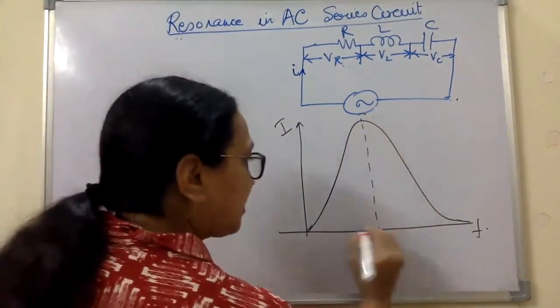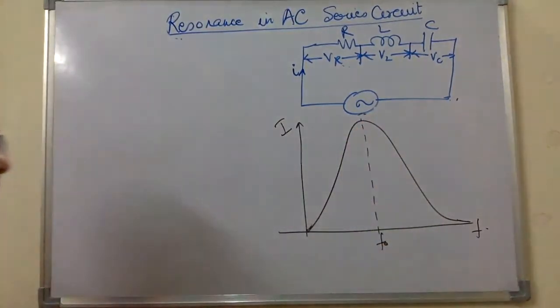Suppose this is your peak current at resonance, because we have seen that the current is maximum at resonance.